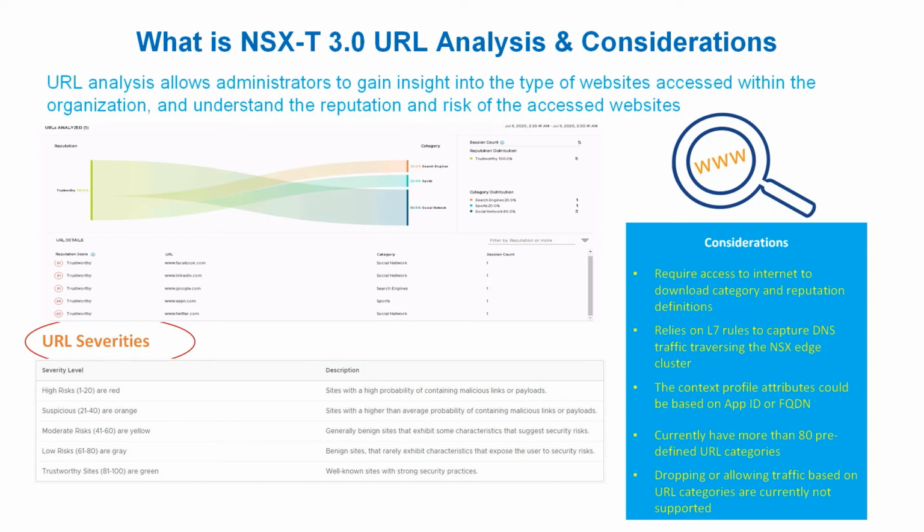And the reputation score is also based on other contextual and behavioral trends. In short, using Webroot, NSX-T provides detailed insight about why a given site was determined to be a threat or a healthy and trustworthy site.